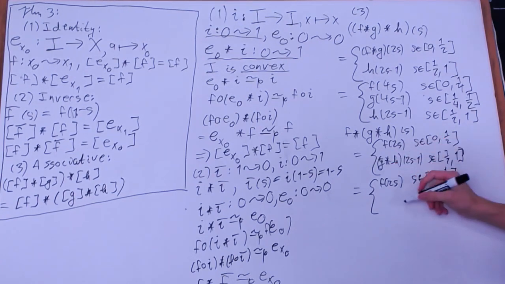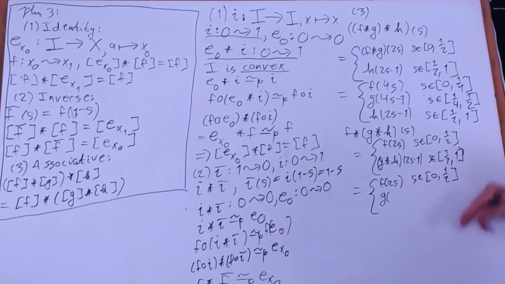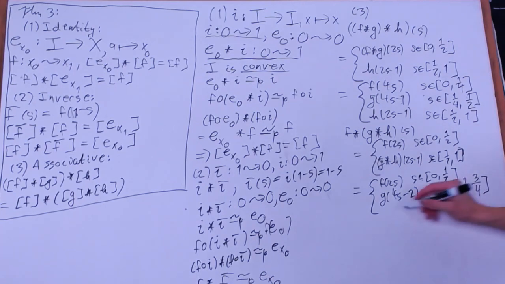Then we split up the g star h. This is g of 2 times its input, which is 2s minus 1. If you distribute that, you get g of 4s minus 2, and that is for its input, 2s minus 1, between 0 and a half. This is the same thing as saying that s is between 1/2 and 3/4. You can go ahead and check that that's true.